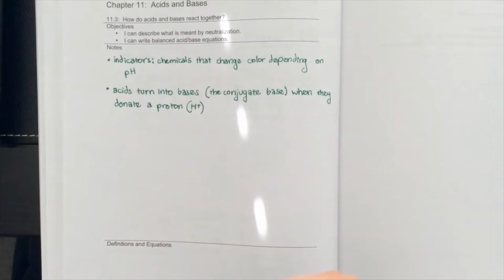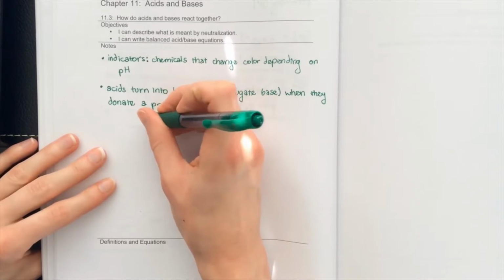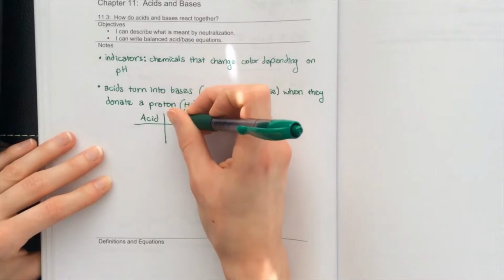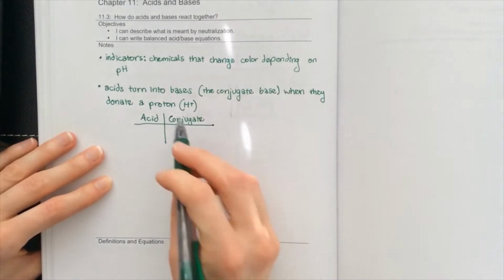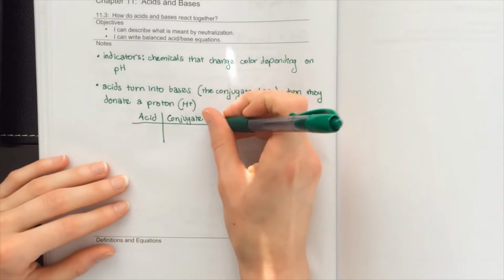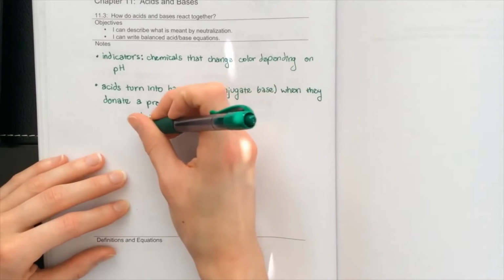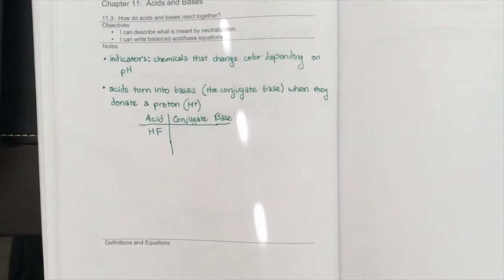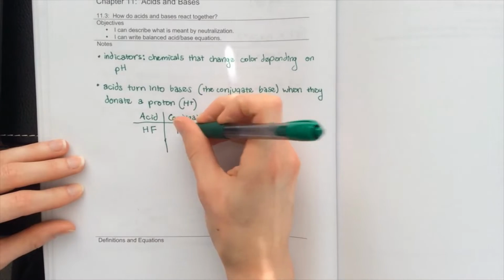So we're going to make a list of some acids and their conjugate bases. Here are some acids, and these are the bases they turn into when they lose the hydrogen ion. That's what acids do. They just give away their hydrogen ion when they react. An acid like HF, hydrofluoric acid, which is very dangerous, when it loses that H plus, turns into F minus.